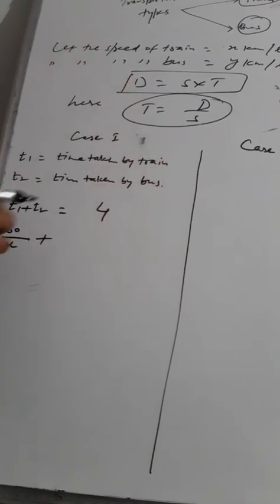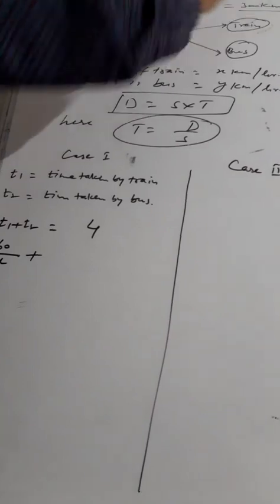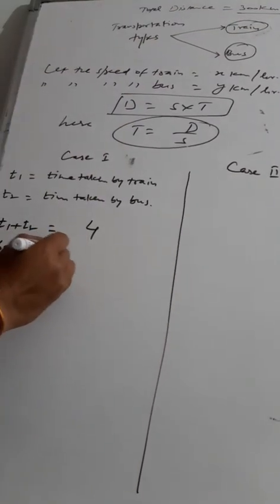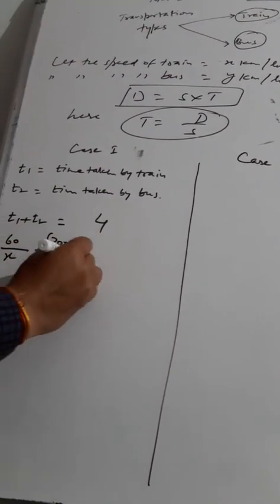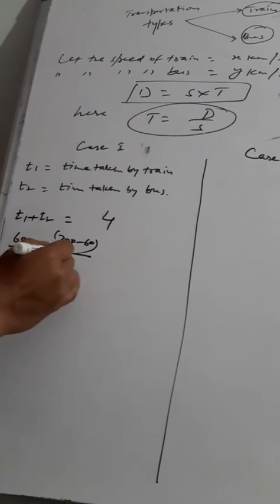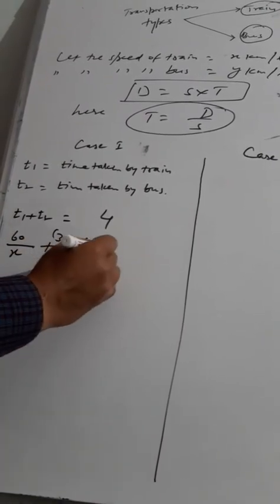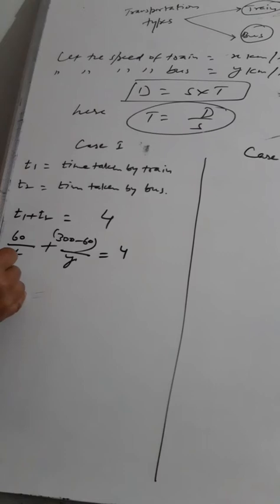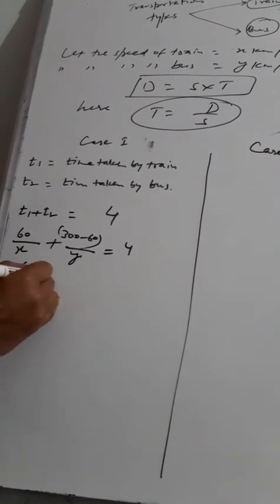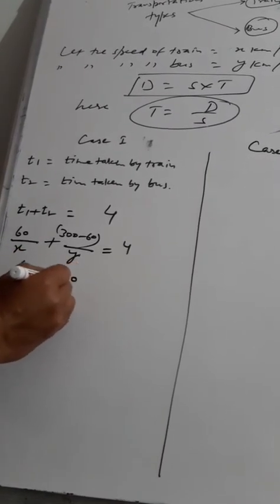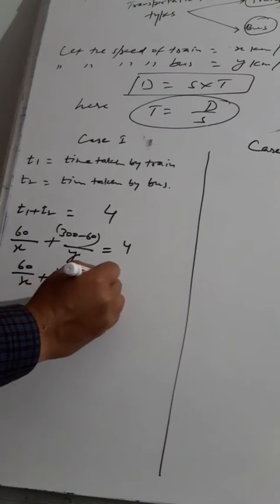Now what is the distance left? That is 300 minus 60, because 60 kilometer is already covered by the train, and the speed of the bus is y, and that is equal to 4. So this is 60 upon x plus 240 upon y is equal to 4.